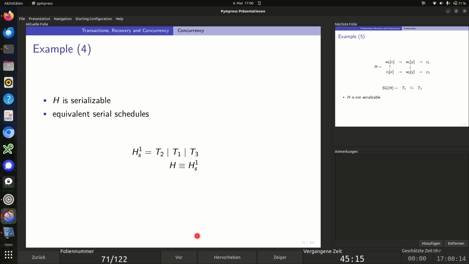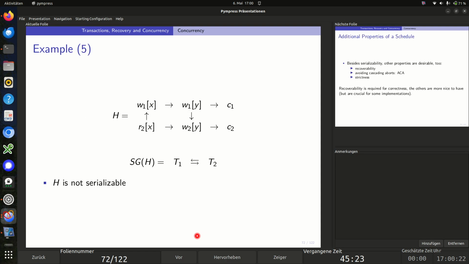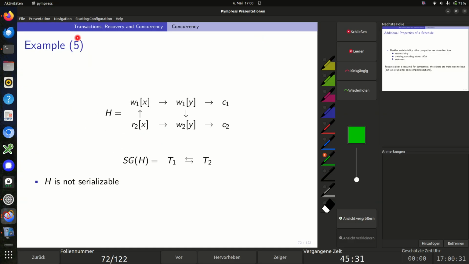Okay. Let's have a simple example which is not serializable. And this would be this one. So, like we have the read of 2, which happens before 1. So again, T1 and T2. Like we have first the read of 2.